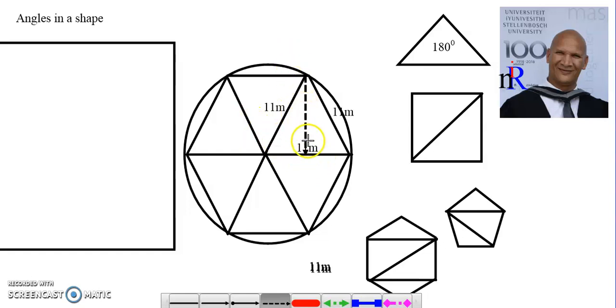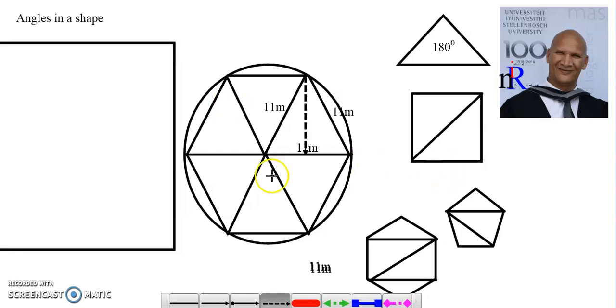The perpendicular height will be 5.5 squared subtracted from 11 squared. So 11 squared is 121 minus 5.5 squared gives me a total of 90.75.